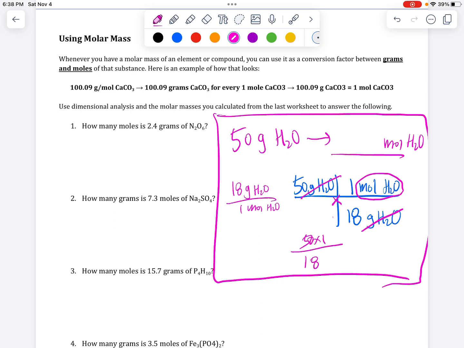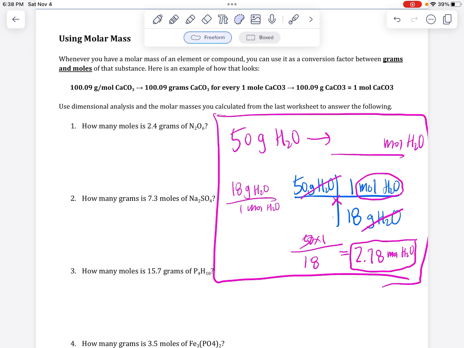Divided by 18, and that is 2.78. Okay, now no naked numbers. Make sure that every number has its corresponding units. So that's 2.78 moles of water. And that's it. That's the only unit.